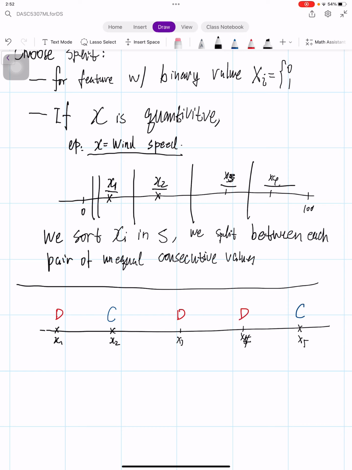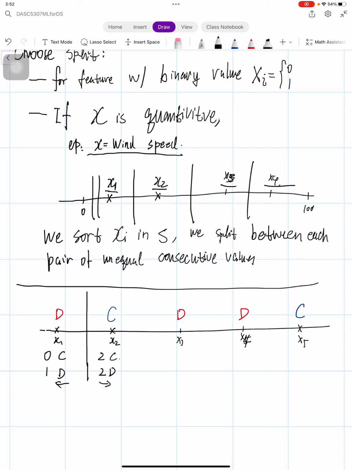And depending on the way we choose our splits, we can calculate the entropy. For example, if we choose this one, there's 0 C on the left and 2 C on the right hand side. And for D, we have 1 D on the left and 2 D on the right.